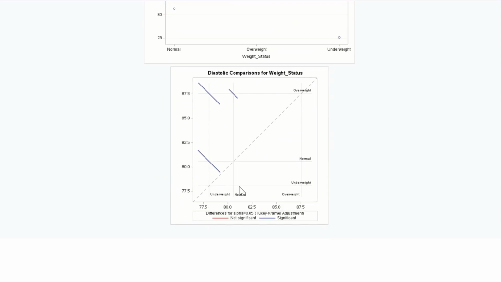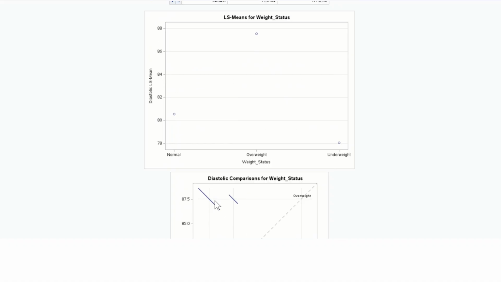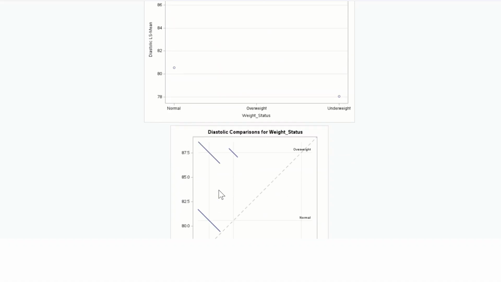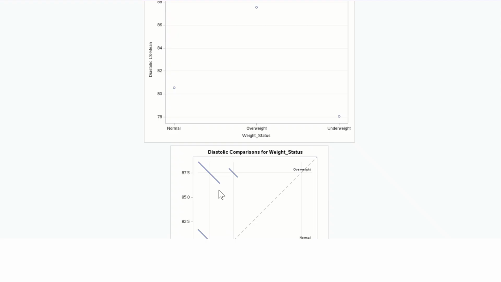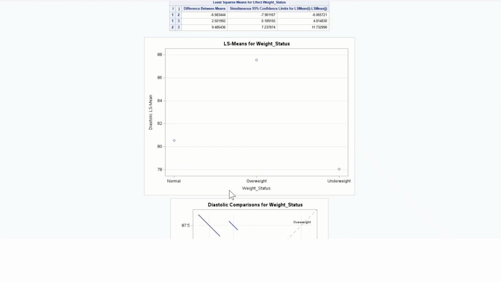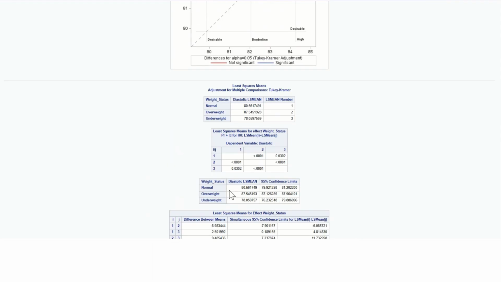I'm not going to explain the table for weight status, but one thing to note over here is that now, after adjusting for cholesterol status, we see that normal weight individuals have diastolic blood pressure which is very close to the statistically significant line here, right? So it gives us some idea how two or more covariates can be linked to one outcome.